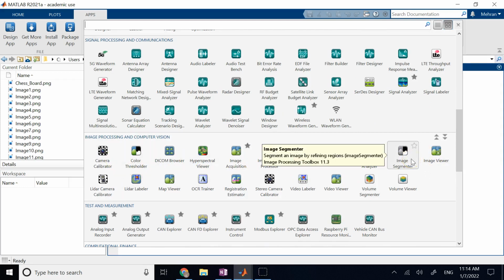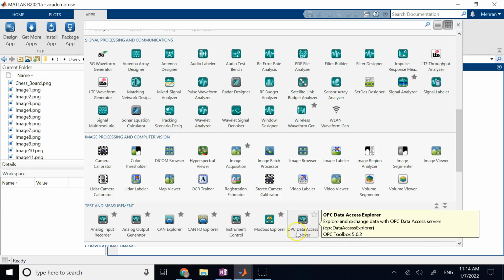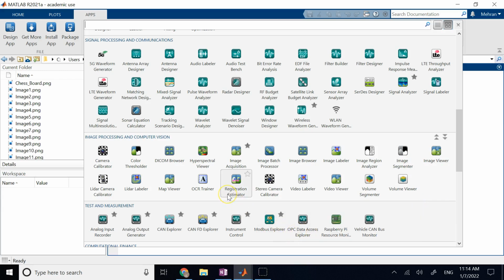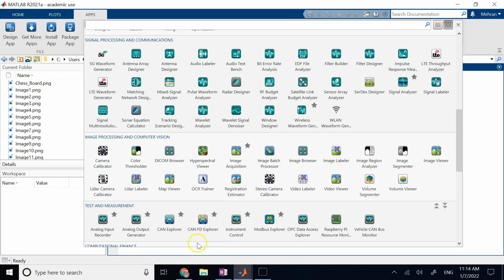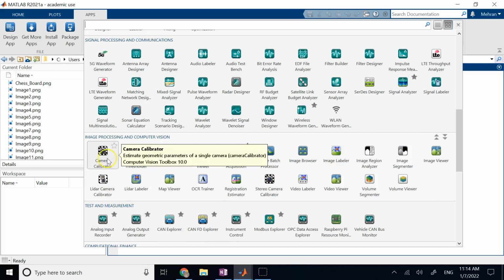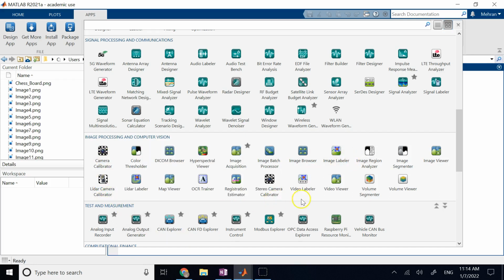Some of them we'll try to use later, like the image segmentation app, the region analysis app, the registration estimation, if we can, and so on. There are some very nice ones, but as I told you, there is camera calibration, LiDAR camera, and then stereo, and this is the one that we need.